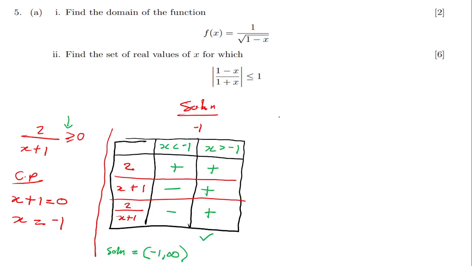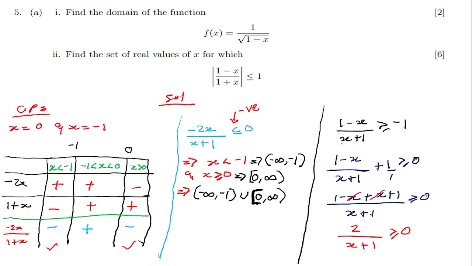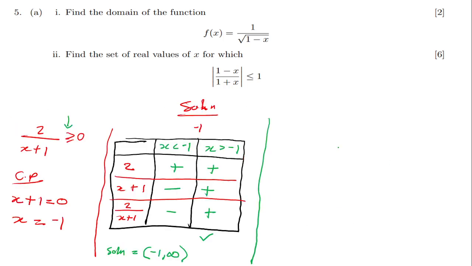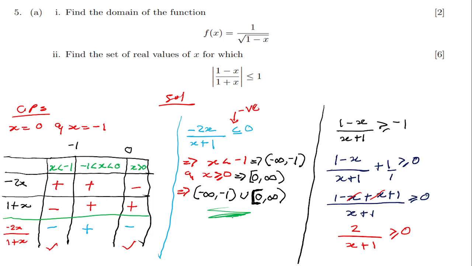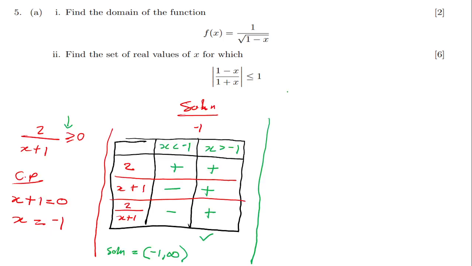Now you have two solution sets. Remember, we had the first solution, which was this one here. Recall that we had the open bracket negative infinity comma negative 1, and then union, you also had the closed bracket 0 comma infinity open bracket.